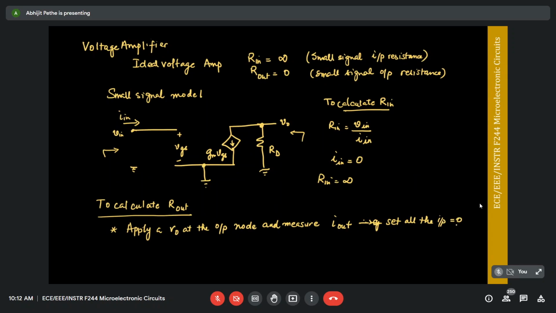In the case of an input voltage source, you set it to a short circuit. In the case of an input current source, you set it to an open circuit. So again, what are we doing here? If I go to calculating Rout, what I want to do is, let's again look at this circuit.